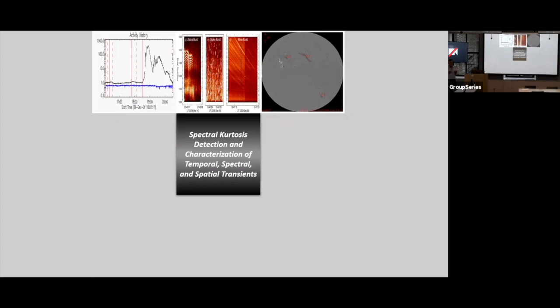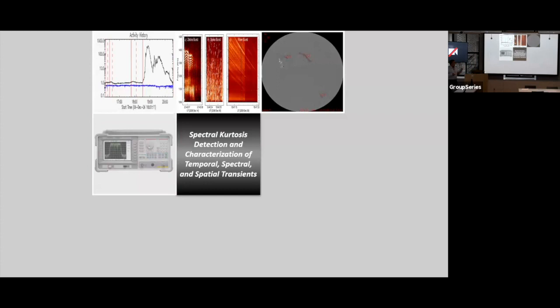Maybe your data is not gamma distributed, but a combination of the data, the square of the data, or the logarithm of the data, something. So you do a mathematical transformation to bring it as close as possible to a gamma distribution, and then you apply this mathematical formalism, and you can build a so-called spectral kurtosis estimator and learn something from your signal.